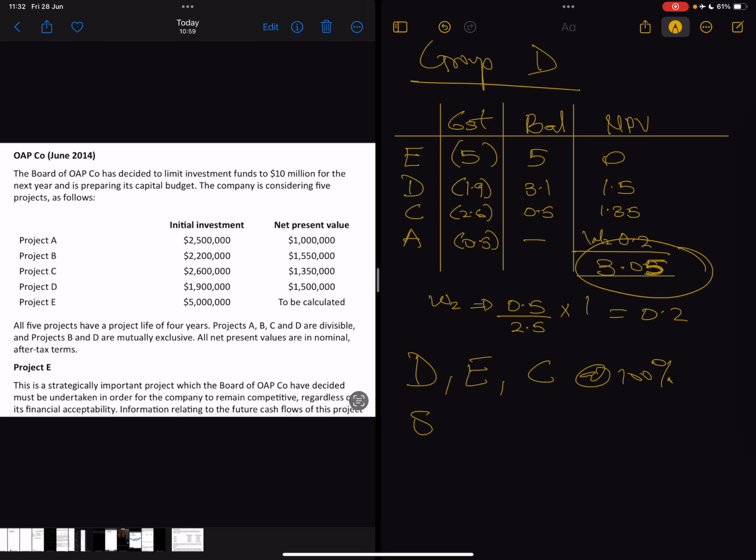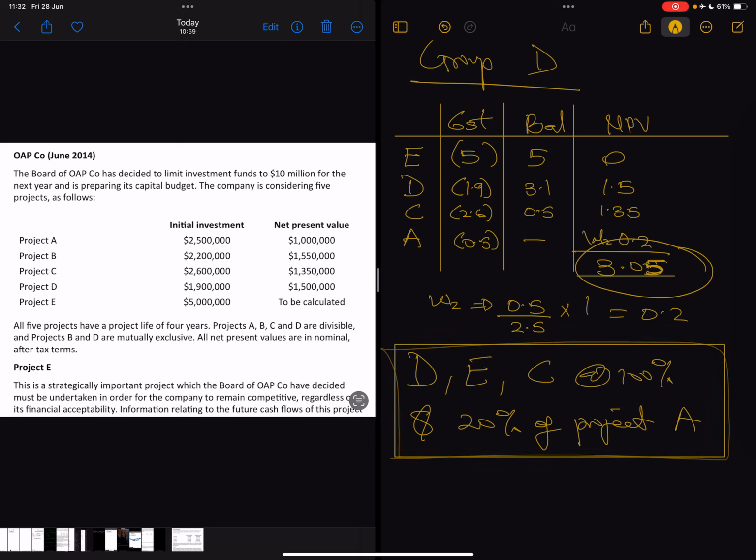And what percentage of A? That is 0.5 over 2.5, which is 20%. So 20% of project A. Doing this gives the maximum NPV possible, which is 3.05. And that is it for this question.